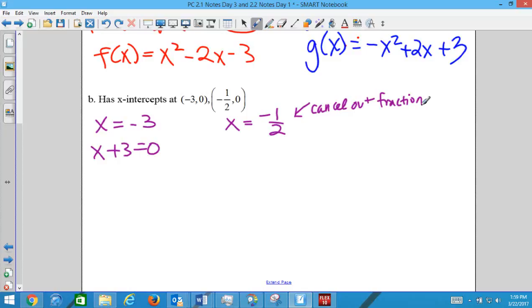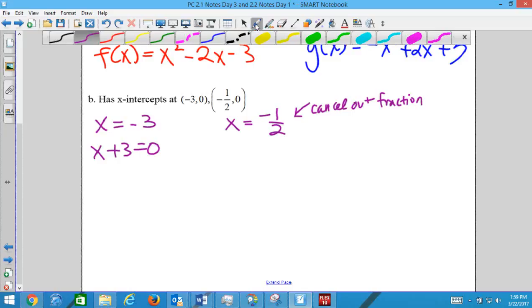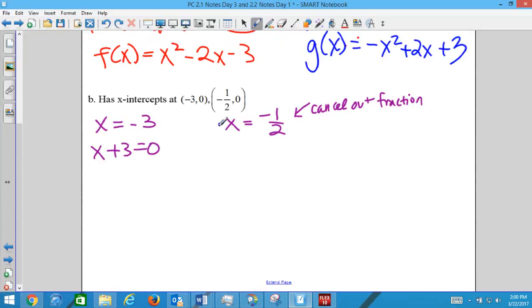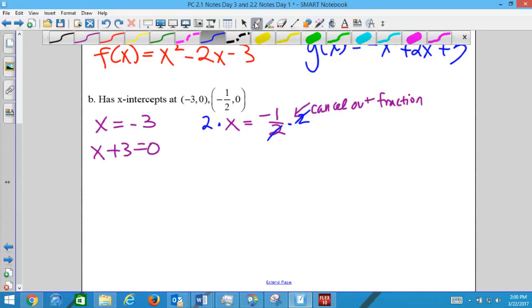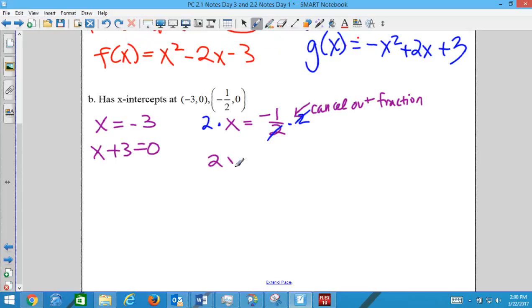And how can I take this equation and cancel out the fraction? Well, I'm not going to multiply by the reciprocal. I'm just going to multiply by the denominator. That way, it will be negative 1 on that side. Do I need to do something else with that though? Yes, one more time. And then I make it equal 0.